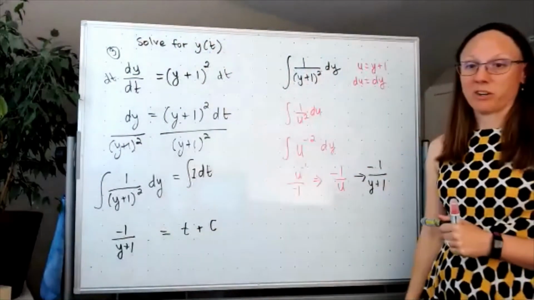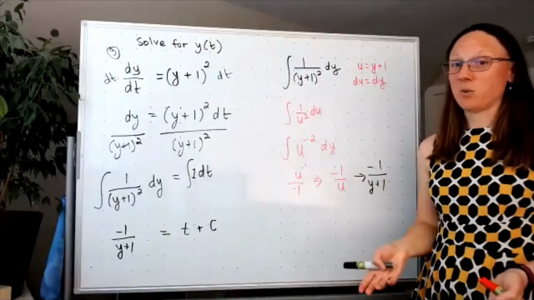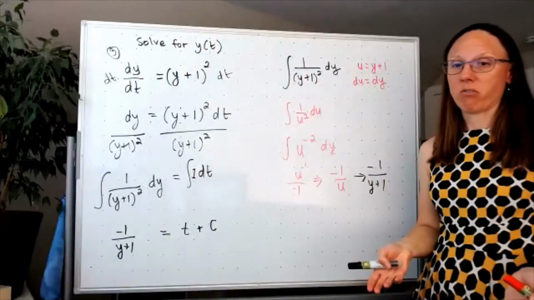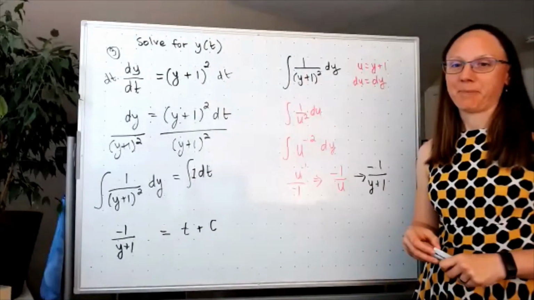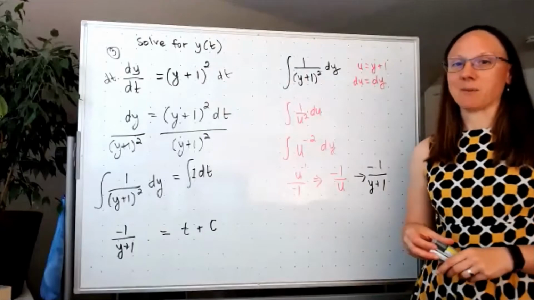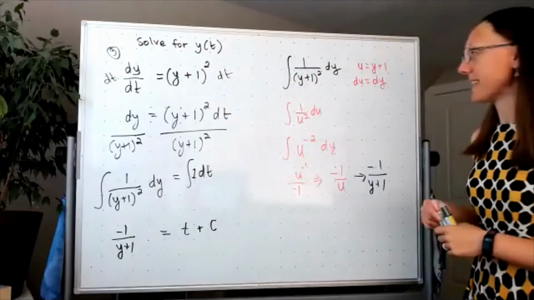Now I've got to do some algebra to rearrange and get the y by itself. Would anyone like to watch me do the algebra to get the y by itself? I got some yeses. So let's go ahead and go through the algebra to get the y by itself.